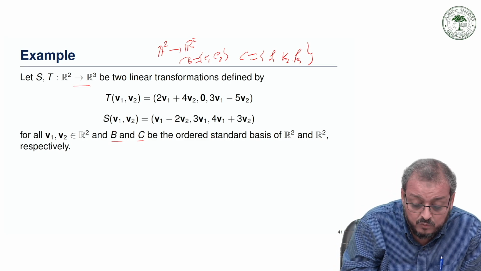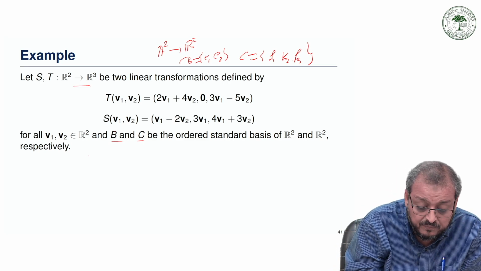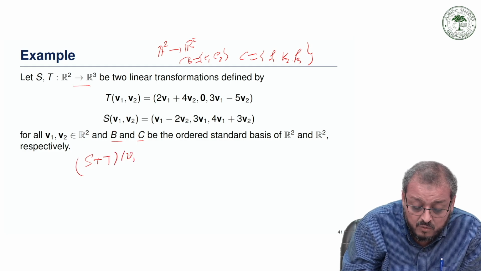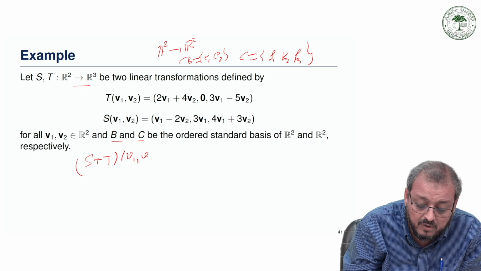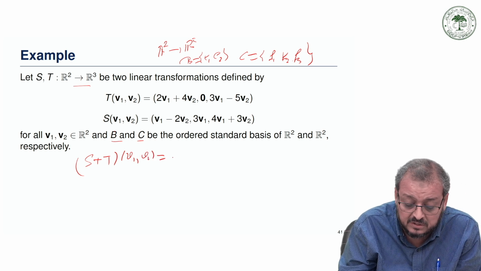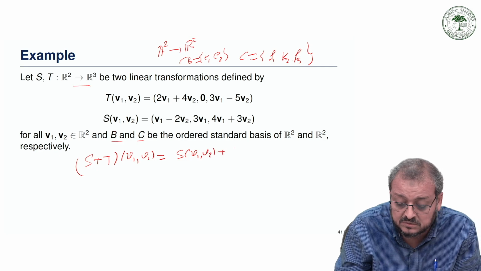So first we find S plus T. S plus T of (V1, V2) is S of (V1, V2) plus T of (V1, V2).